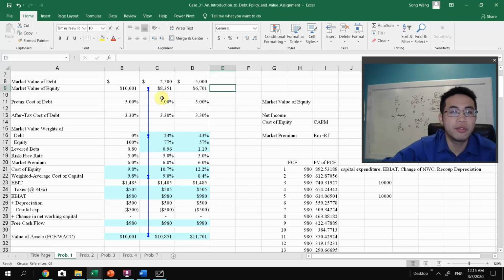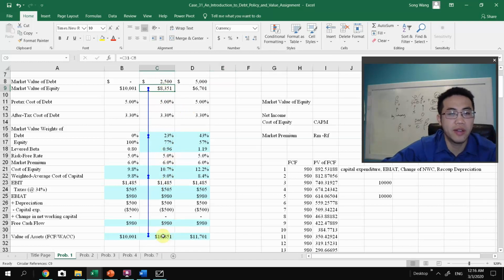So where that comes from, basically you use the market value of equity to get your weights for debt and equity, and you use this number to get your levered beta, and then you use the levered beta and all the ways to get your WACC to get the value of assets.